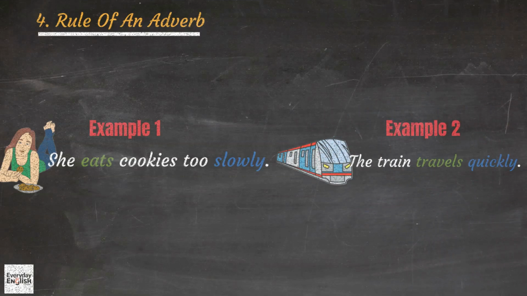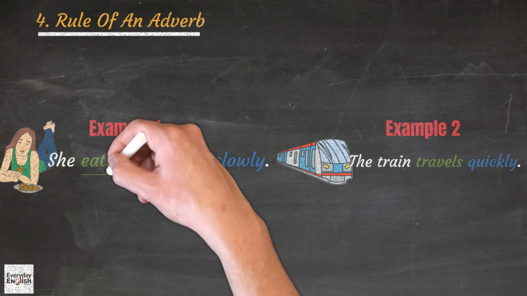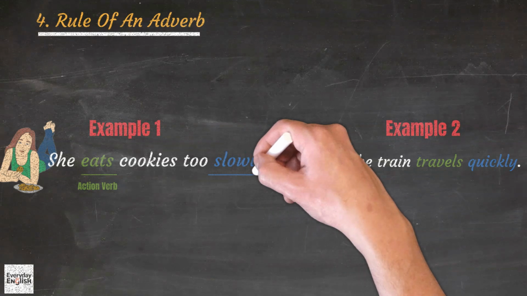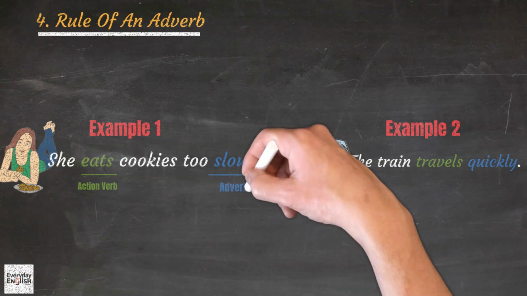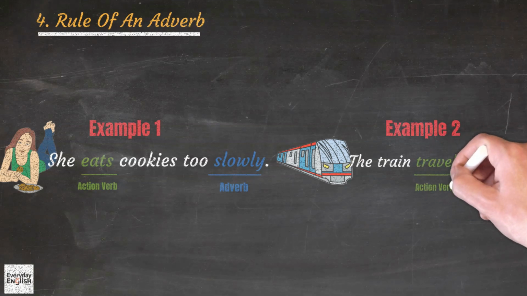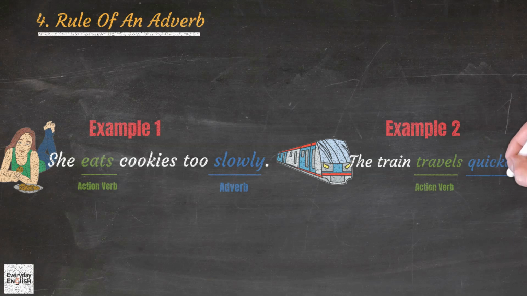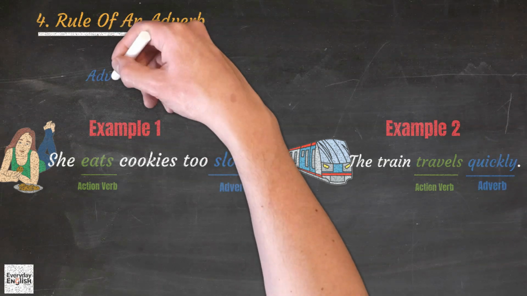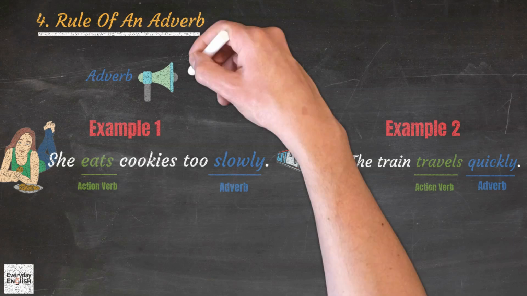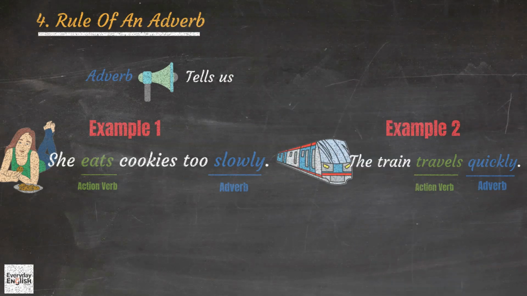The train travels quickly. The rule of an adverb describes how an action verb performs.